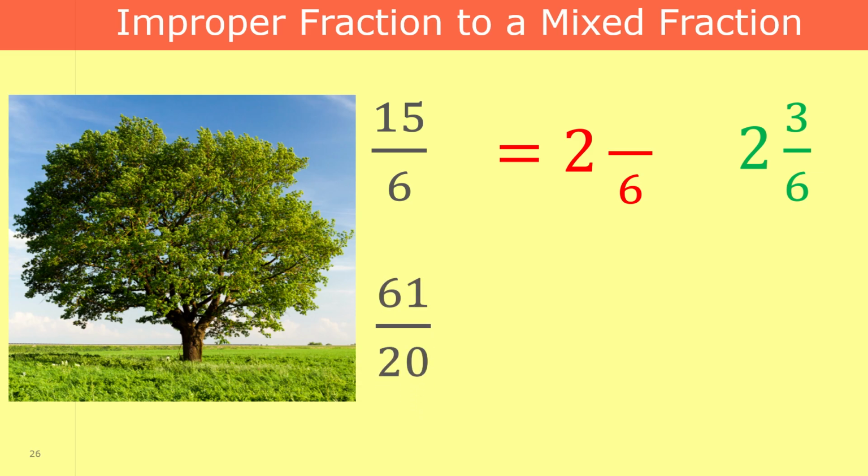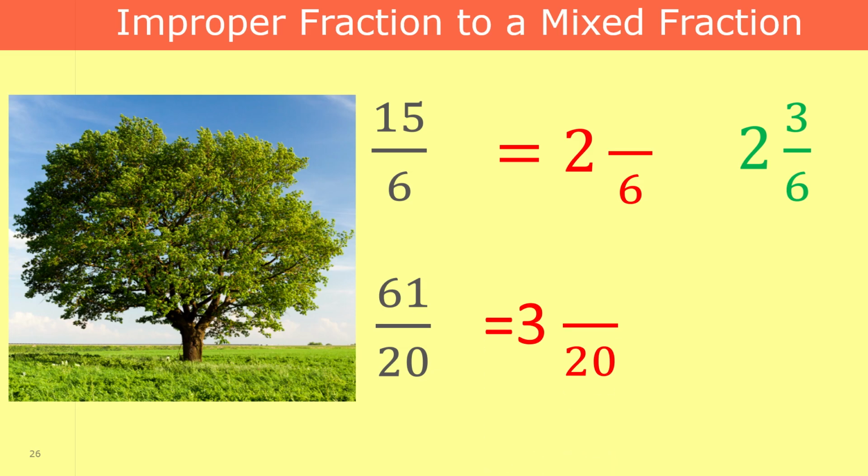Here's another example. So I've got 61 over 20. The first thing I'm going to do is see how many times the bottom number goes into the top number. So 20 goes into 61, 20, 40, 60, 80. So it only goes in 3 times.